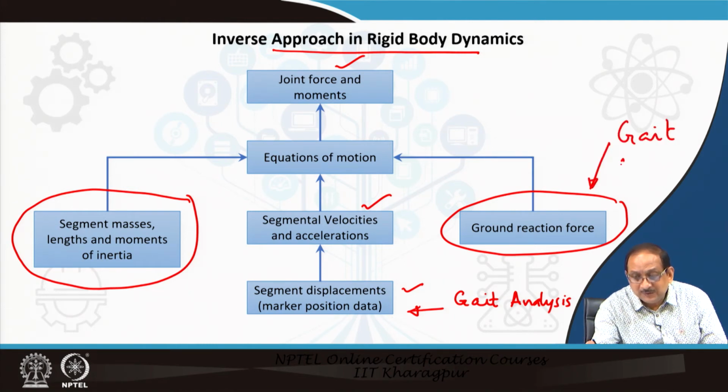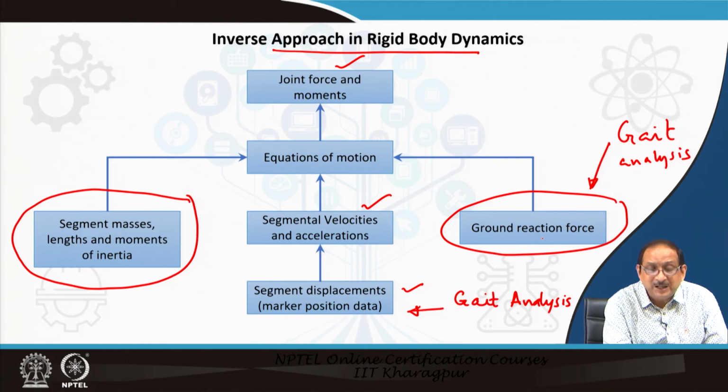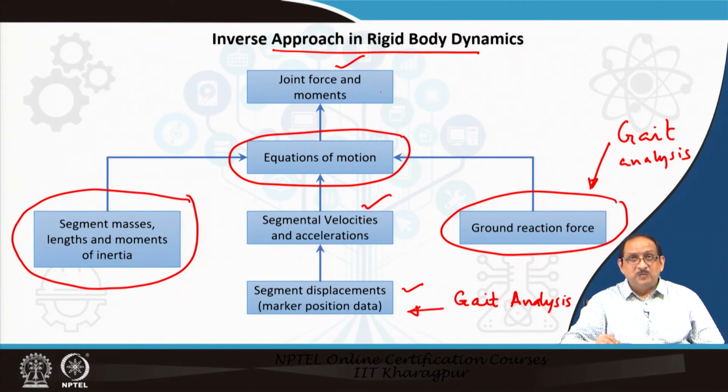So, together with the ground reaction force data and the anthropometric data on segmental mass, length and moment of inertia, we can use the equations of motion to find out joint forces and moments.